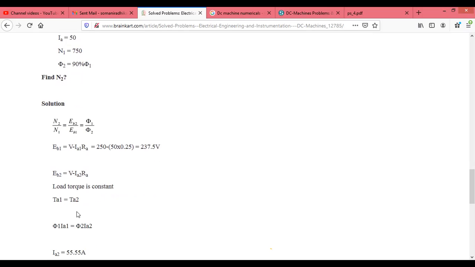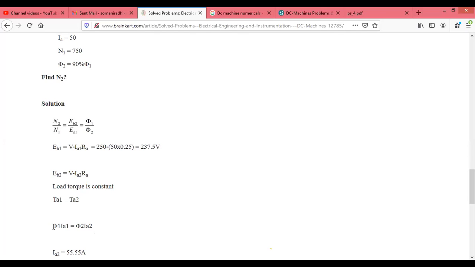So we are aware of the torque equation from when we saw the characteristics for the DC shunt motor. At that time, we saw torque is directly proportional to the flux phi and directly proportional to the armature current. So you can take phi 1 IA1 equal to phi 2 IA2.